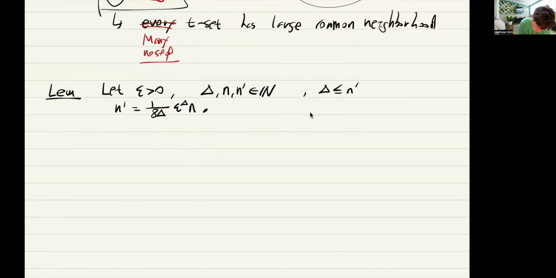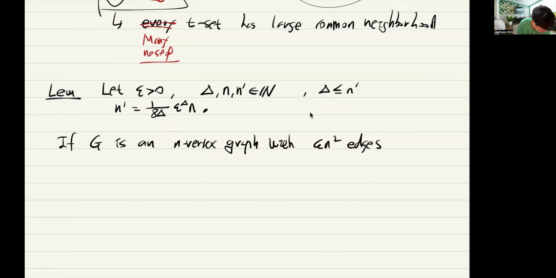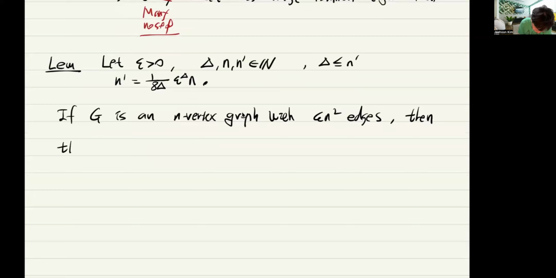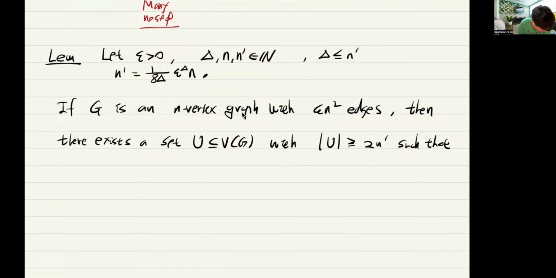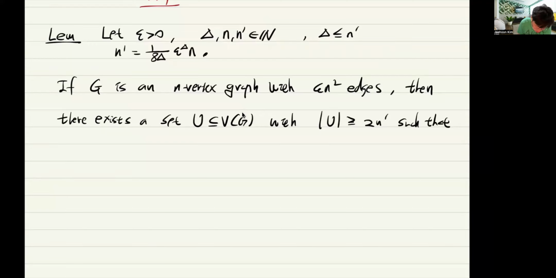So, when we have these parameters, if G is an n-vertex graph with, say, epsilon n squared edges, then what we want to do is find the set U. There is a set U which has large size, at least say 2 times n prime, such that most of the sets have a large common neighbor.